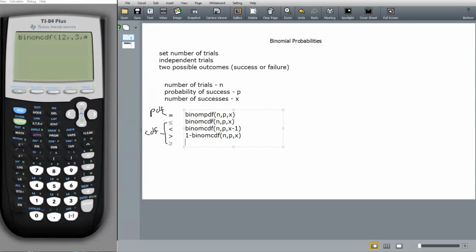And then for the greater than or equal to, I will do 1 minus binomial CDF parentheses n, comma, p, comma, x minus 1. I can use each of these previews as a way to double check to make sure that I have substituted my numbers in correctly into my calculator.